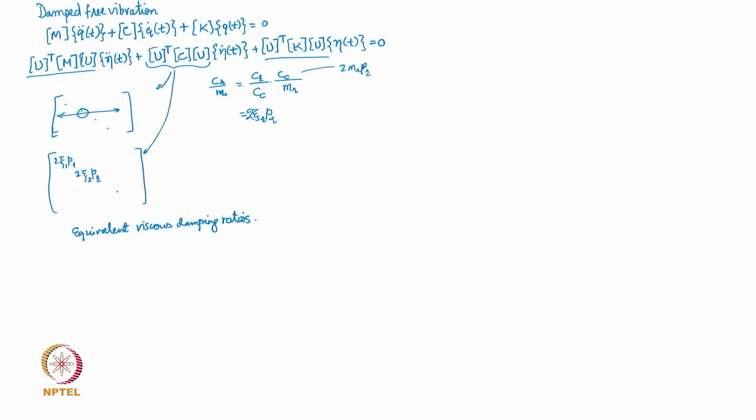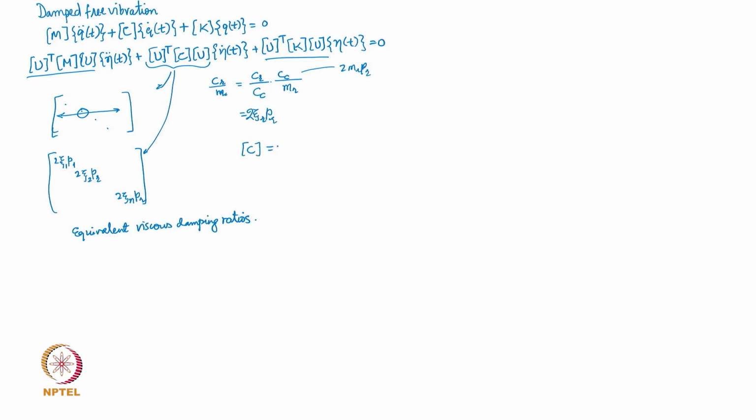So, all these diagonal elements can be represented as modal damping ratios, and that is the way the damping can be represented through modal damping.